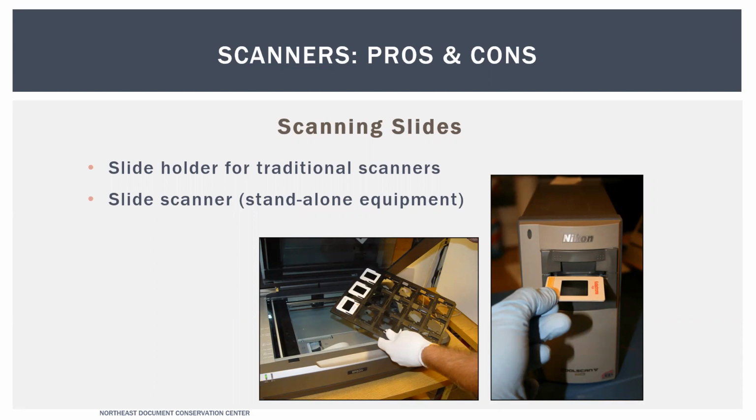If you use this method, then scans can be stored in an SD card or an external drive that can then be uploaded to more permanent and preservation-friendly digital storage. Slide scanners such as these usually cost around $200, and they can be a good investment if you have a large number of slides to scan.